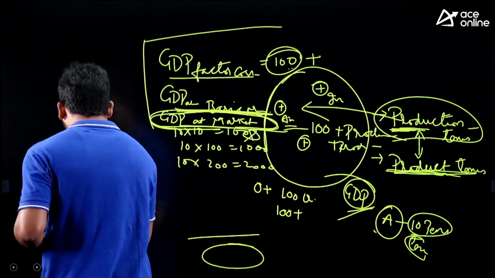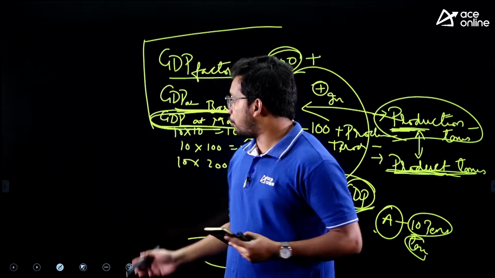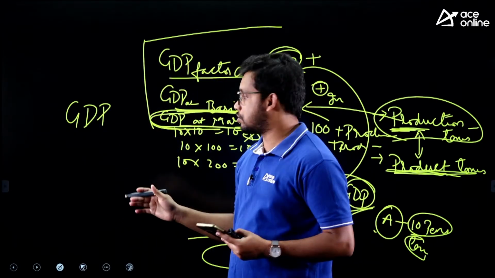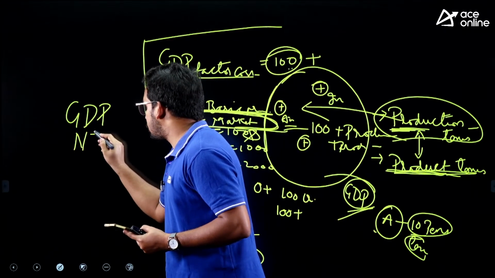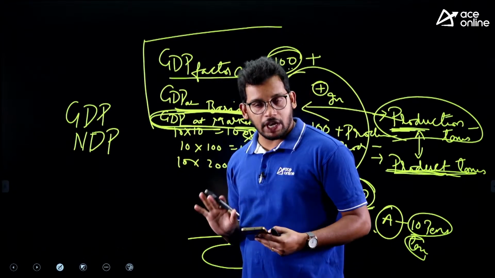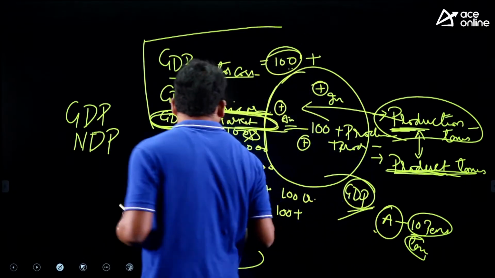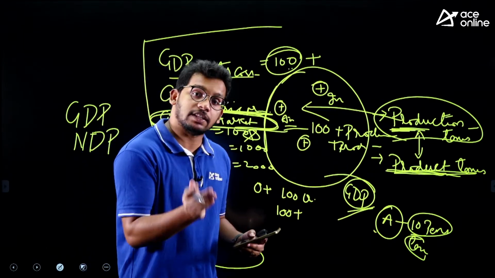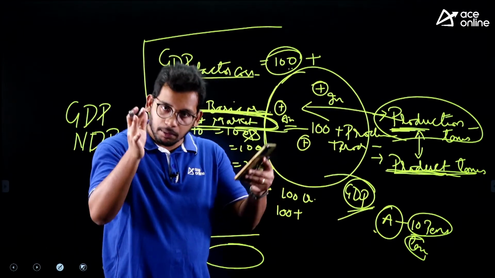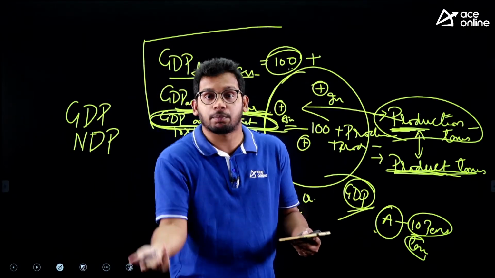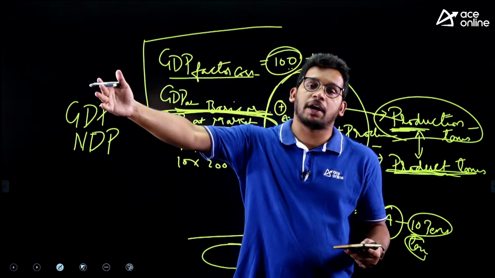Now there is one more important concept. GDP means total value produced. Net domestic product, NDP, is based on GDP. Taking this year as the 0th year, next year there are some goods which already exist. For example, I produced a machine last year, and I am using the same machine for next year's production as well, because it has a lifespan of 10 years.